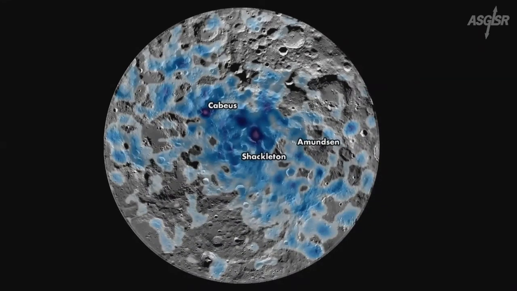As I mentioned, we think it's going to be quite different from the Cabeus area versus the Shackleton area. The reason why is during the time of the filling of the very large basins created by the late heavy bombardment and the magma coming up in it, the outgassing that we predict was quite extensive.